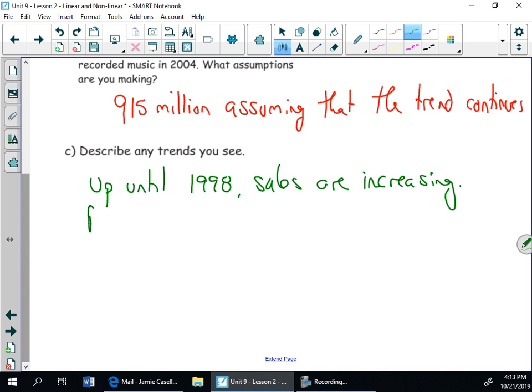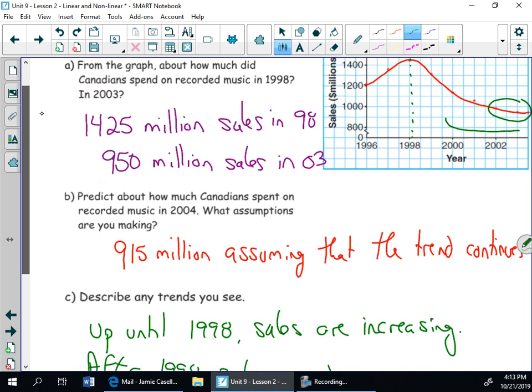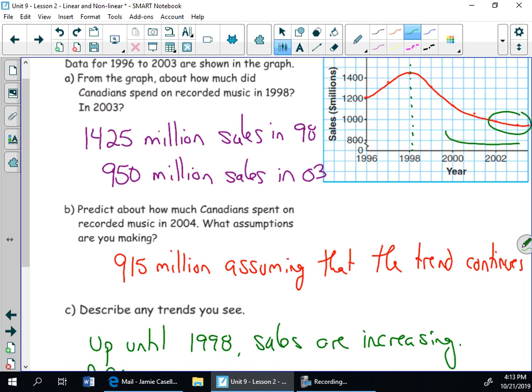After 1998, sales are decreasing. Okay. Whenever I describe a curve, I actually have to talk about both parts of the curve. Because curves go up and they go back down.